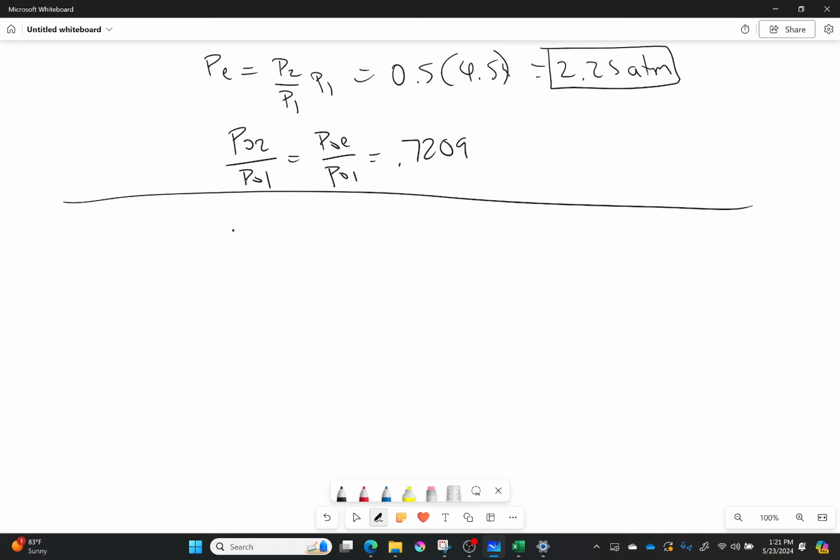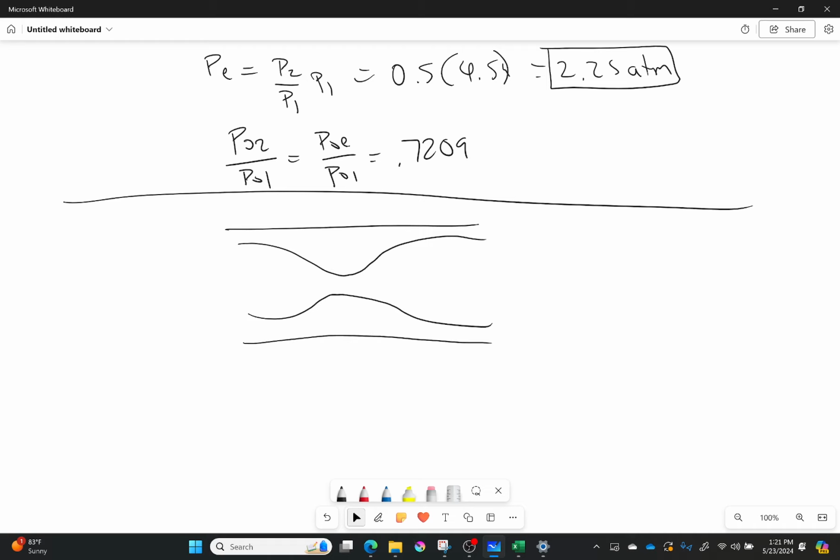Here is my isentropic converging diverging nozzle. The first thing is I'm having to assume it's isentropic, because if it's not, I can't solve this problem, since I don't have any other tools to use. Second, here at the throat, I'm going to assume that the Mach number is equal to 1, and so that is a star.